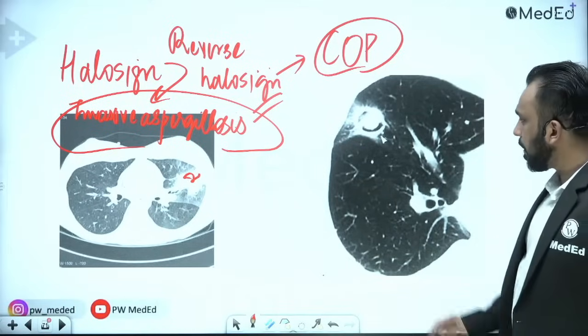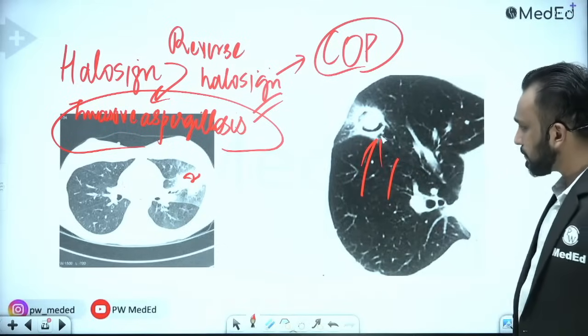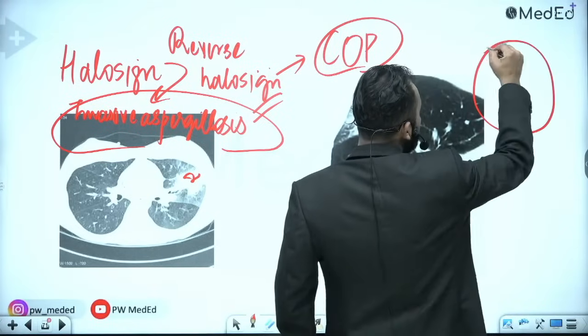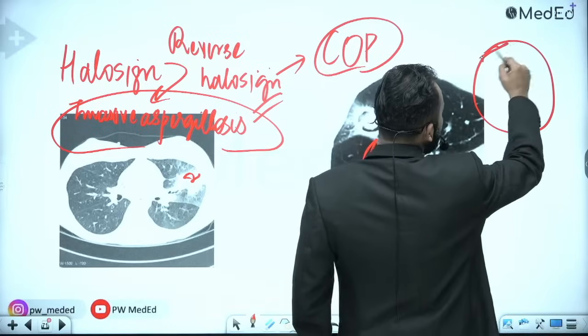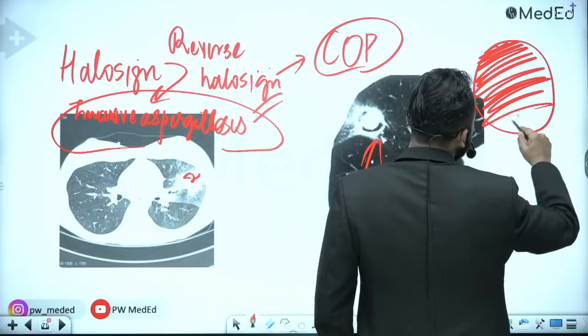Okay. Now talking about this sign in a patient with invasive aspergillosis. So guys, there was some necrosed lung. And what happens? This infarcted part of lung tissue will retract.